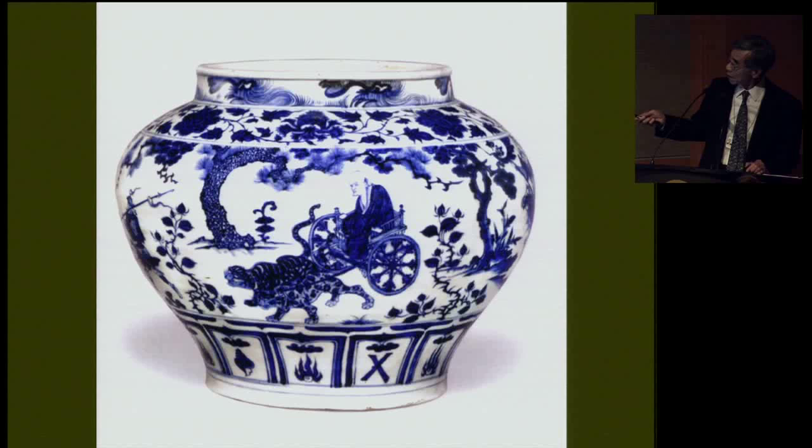And then you have some sort of border decoration. We'll talk about that in a minute. And also a floral scroll, which are also standard decorative motifs.